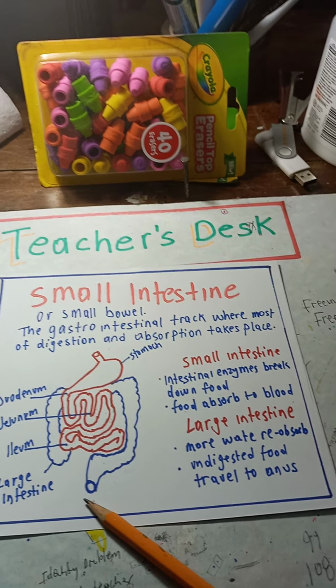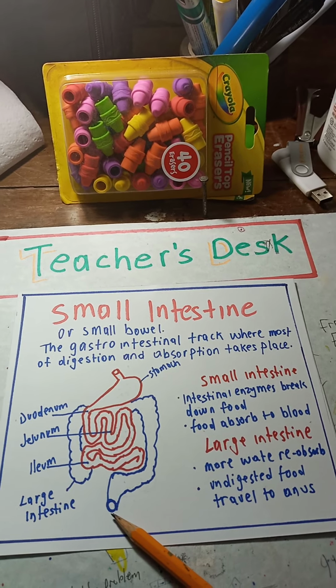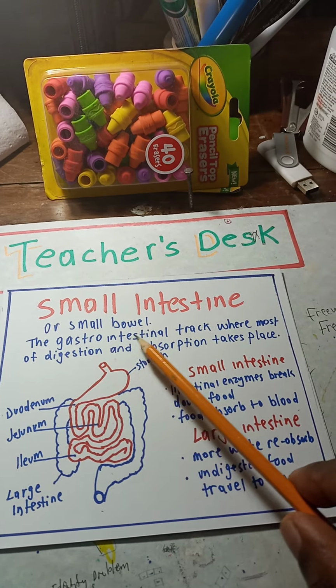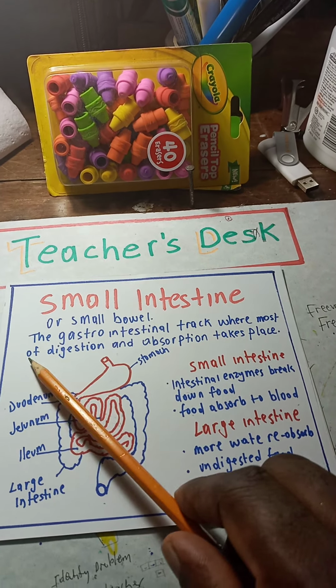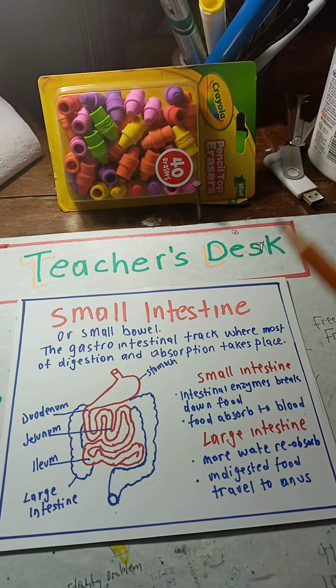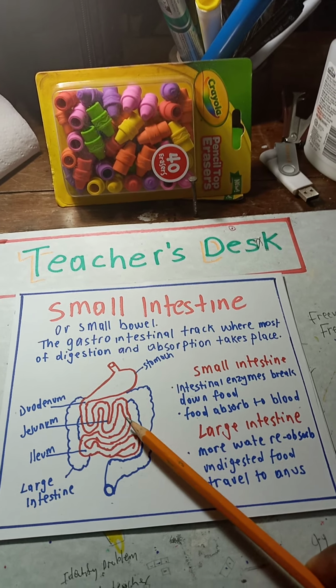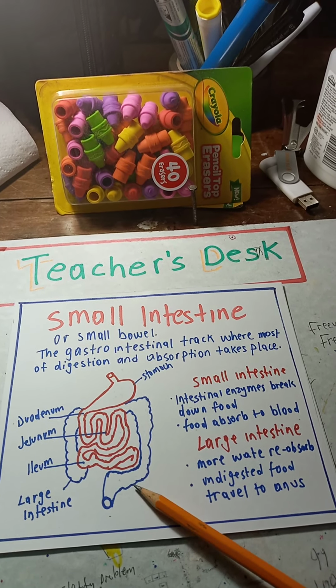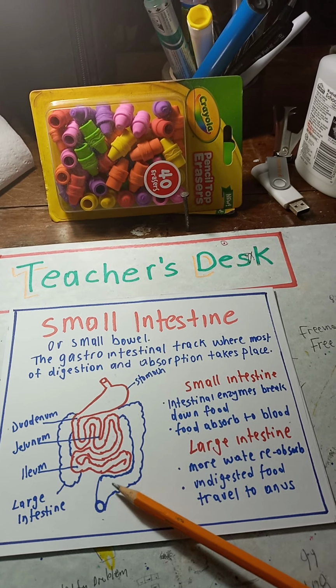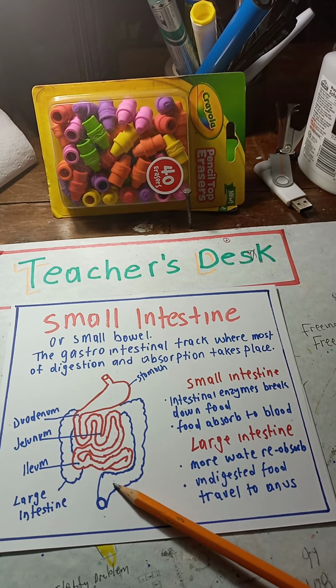You go to the toilet and get rid of the undigested food. The small intestines is the part of the gastrointestinal tract where most of digestion and absorption take place. So not all of absorption takes place in the ileum. A little bit takes place in the colon, our large intestine.